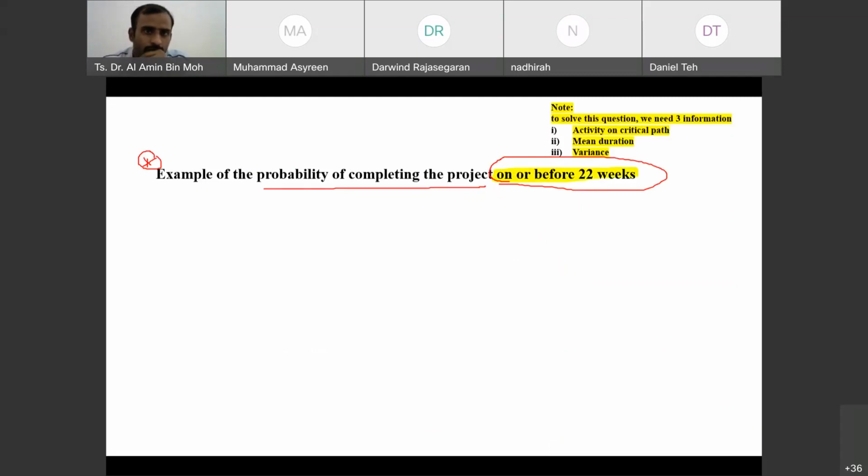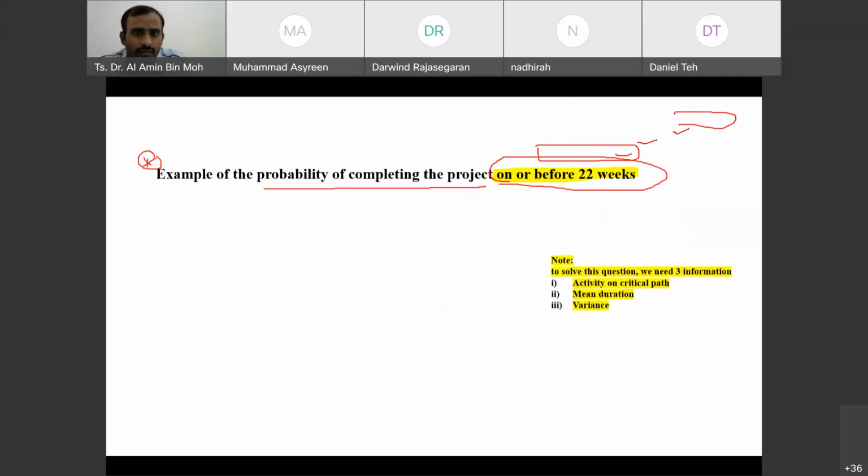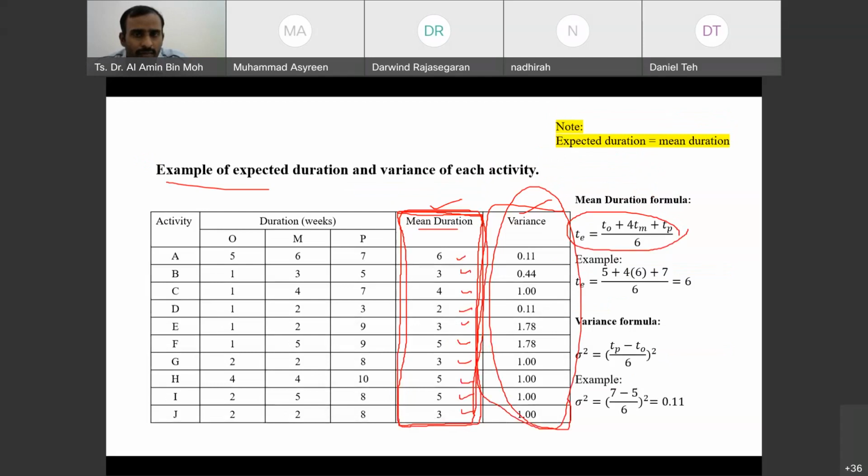To solve this question, you need three pieces of information: the activities on the critical path, the mean duration, and the variance. That is why they asked you to calculate the variance just now. You got the variance here, right? And then, how can you know the activities on the critical path?